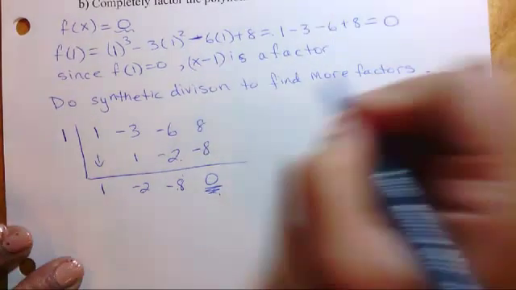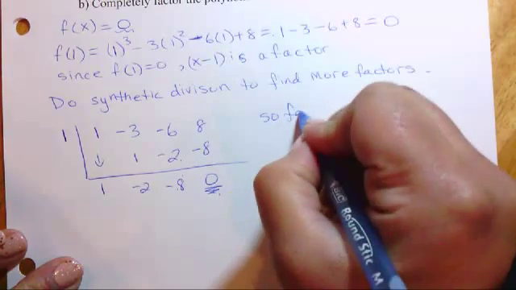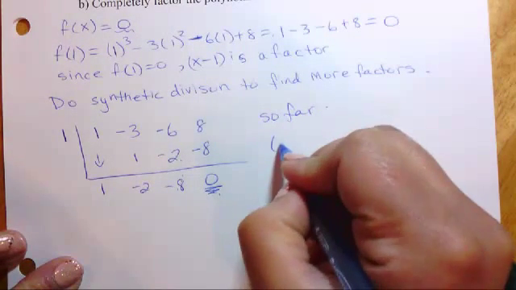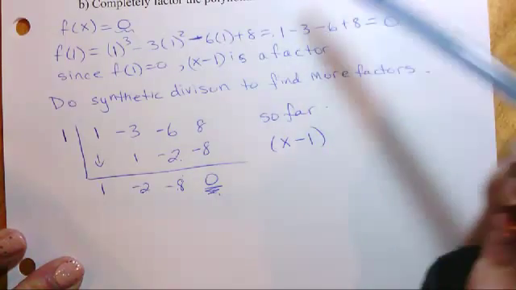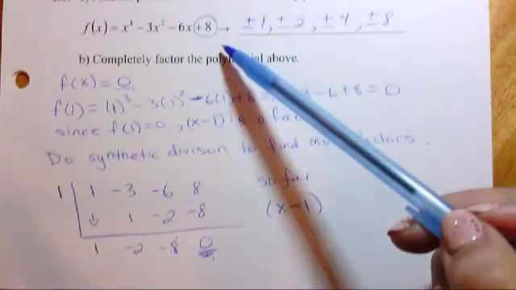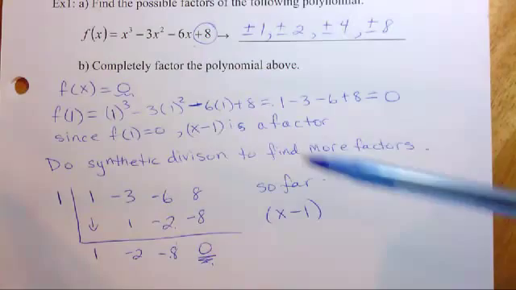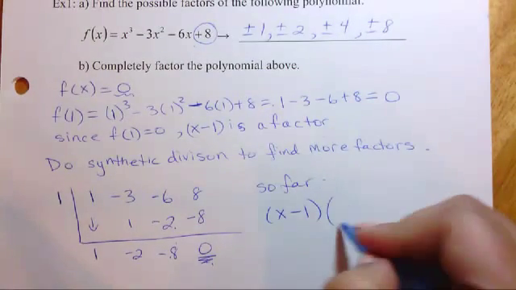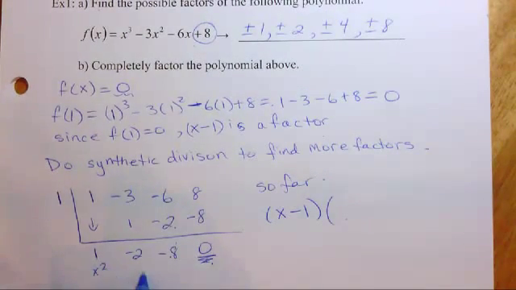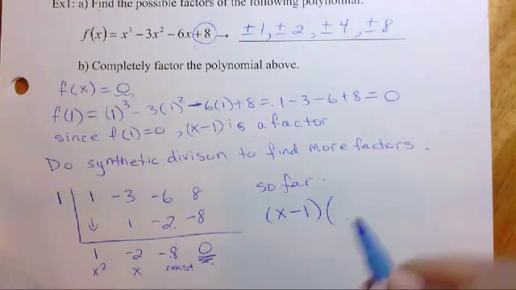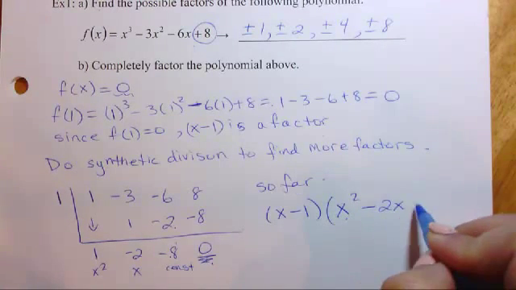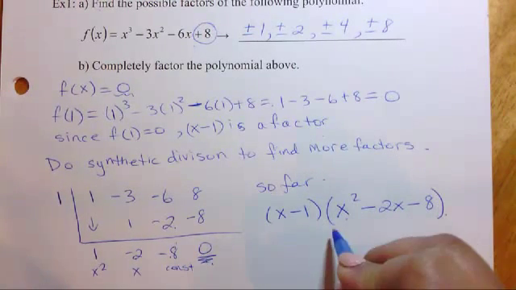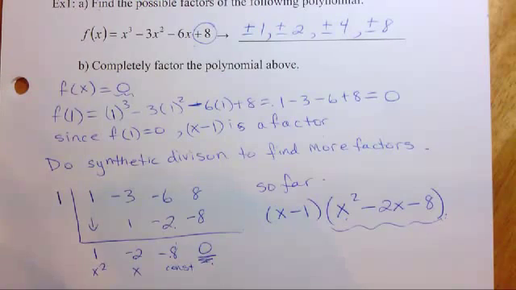So far, when I factor the x minus 1 out of my original polynomial, this is what I'm left with: x squared, that's the x term, and that's the constant. This is where I get this polynomial from, and if you notice, this is much easier to factor.